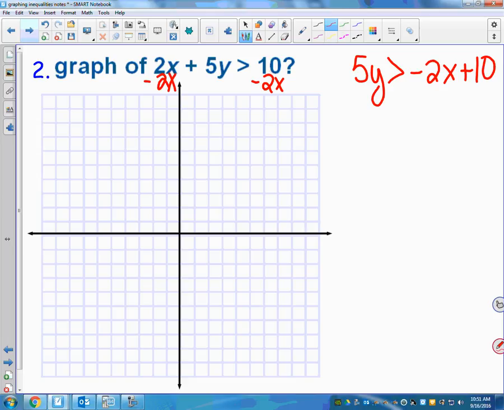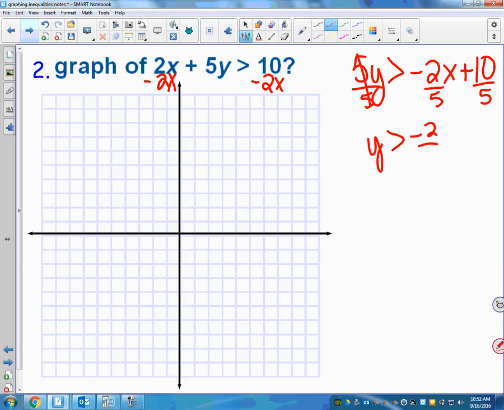I need to move something with x to the other side, away from the y. We need y by itself. So I'm going to go through and divide everything by 5, because I have to do it to everything. So this cancels out. I don't have to flip my sign because I didn't divide by a negative.